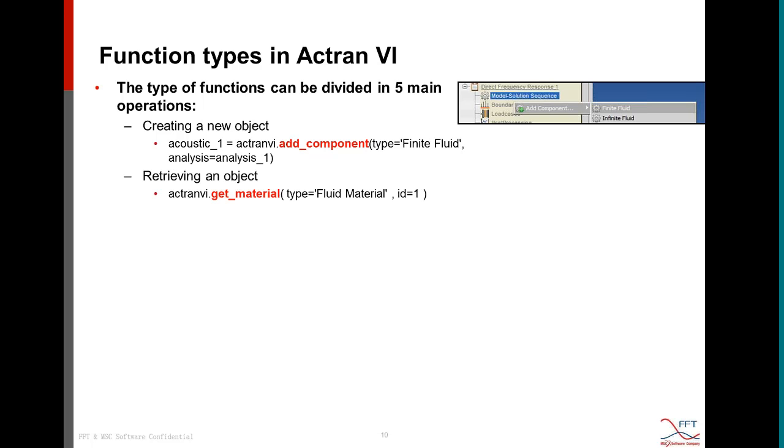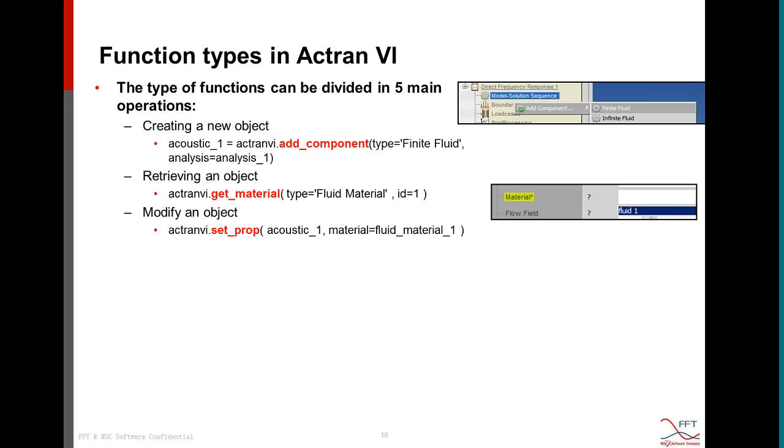Then retrieving or finding an object, for example retrieving the material, its ID number, etc. And then modifying an object, for example changing the speed of sound in a fluid material.